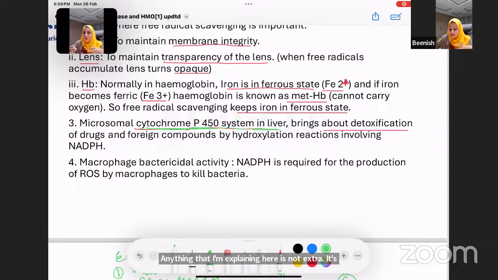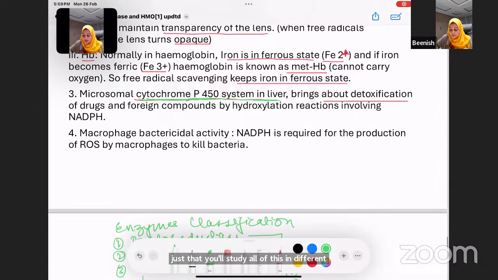But for understanding at the moment, I'm explaining things here as well. So it is involved in detoxification of drugs. And during this detoxification, it undergoes hydroxylation reactions. And those hydroxylation reactions require NADPH. Okay.